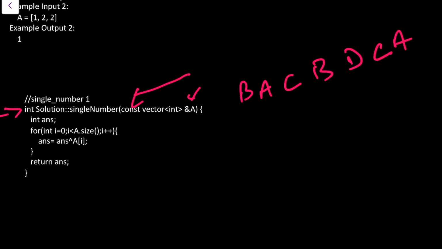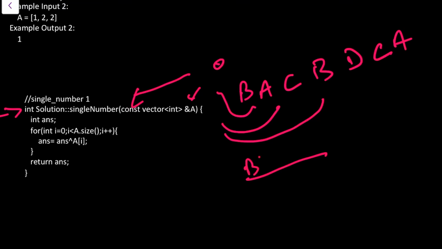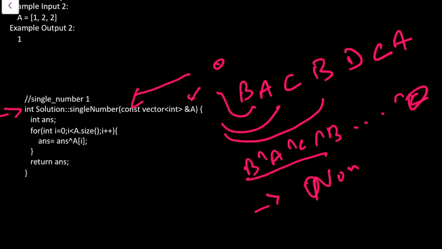So what we do is that we get an answer which is 0, right? 0 XOR B, then 0 XOR B XOR A, then 0 XOR B XOR C. Finally what we get is the XOR of all elements, C, B XOR A XOR C XOR B, and so on, finally XOR 0. So that gives us the only element which is non-repeating, right? That is stored in our answer, and that is returned.